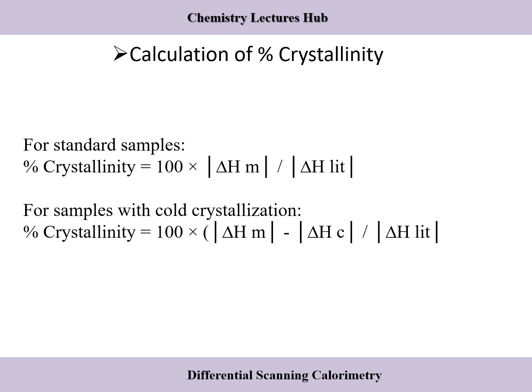Another application of DSC is calculation of percent crystallinity. What is crystallinity? Crystallinity refers to the degree of structural order in a solid. In a crystal, the atoms or molecules are arranged in a regular, periodic manner.